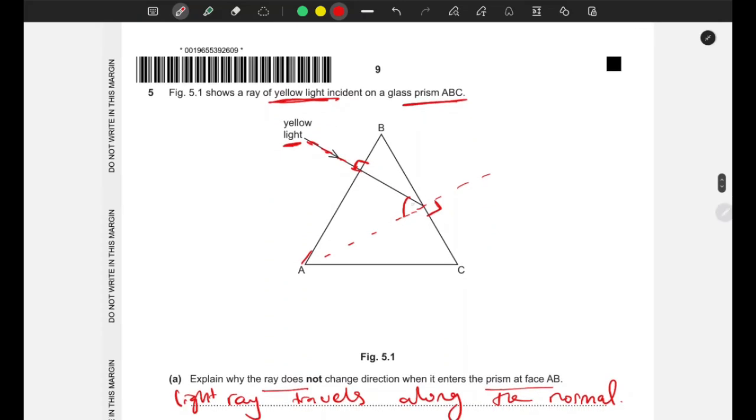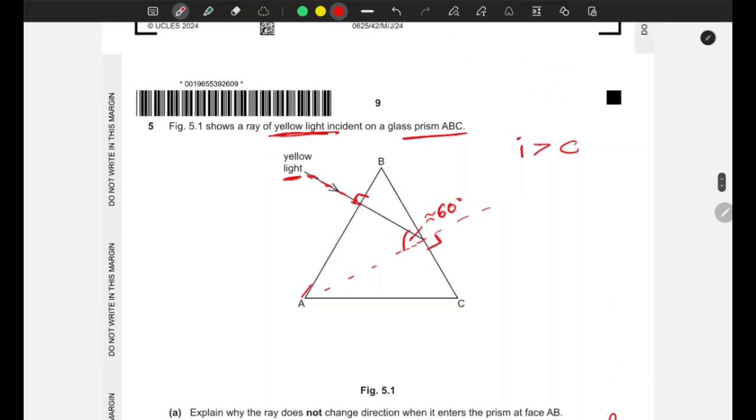So this is approximately 60 degrees. Since it's 60 degrees, it would be reflected. So the rules are: if the incident angle is greater than the critical angle, in this case the critical angle is 42 degrees, it would be reflected.